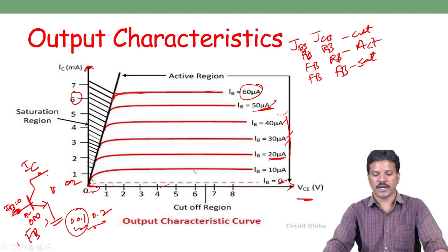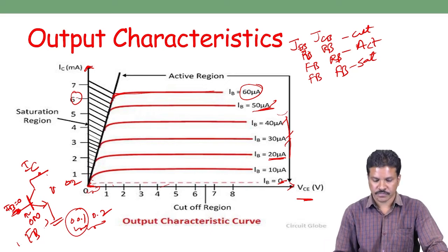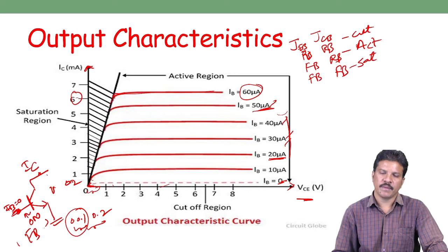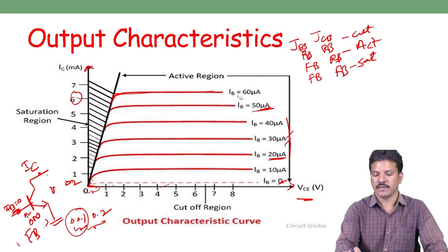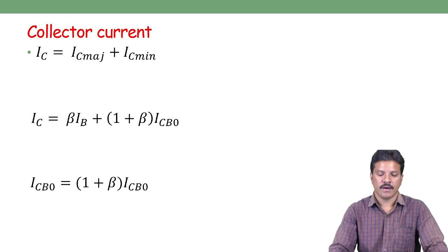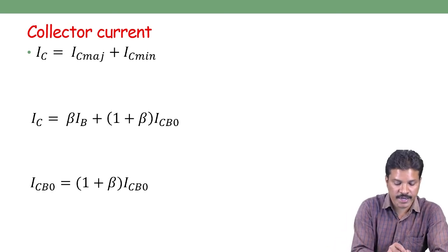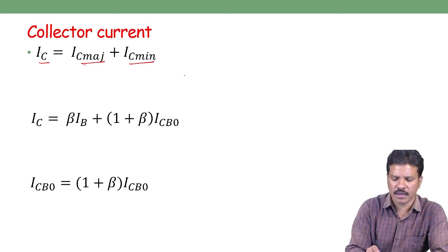So this is the output characteristics of the common emitter configuration. Here also we can measure the output current, or collector current, for this CE configuration. Now we will see what the output collector current is. IC is equal to total IC majority plus IC minority. What is IC majority?